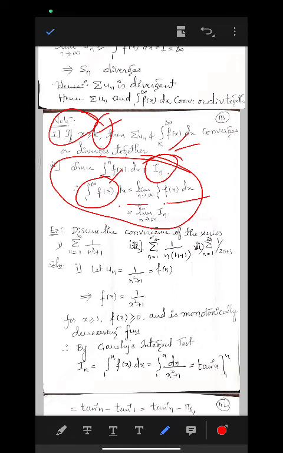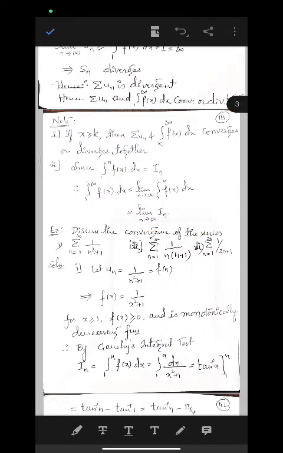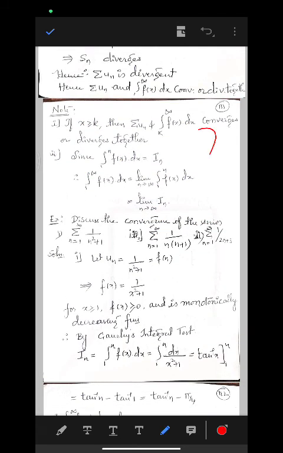And this I can write down as limit as n tends to infinity In. So you need to remember these two notes. It will be helpful for solving the problems.